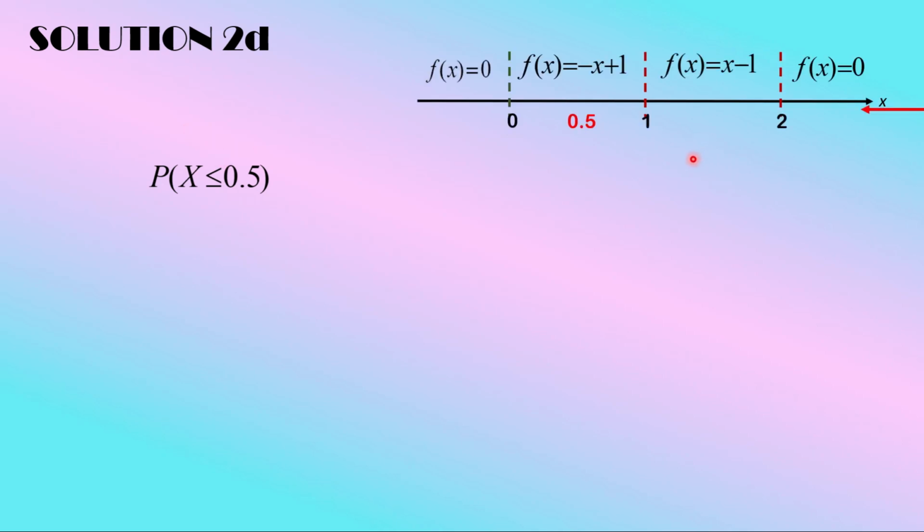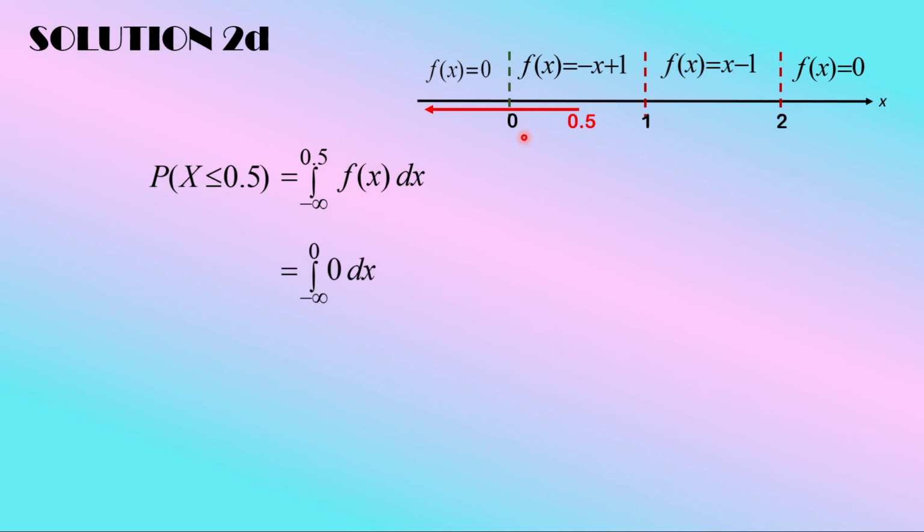Now, let's solve the probability of random variable x less than or equal to 0.5. Here is 0.5 and the red arrow represents x less than or equal to 0.5. So, to solve the probability of x less than or equal to 0.5, the integration process should be done from negative infinity to 0.5 for the function f(x).